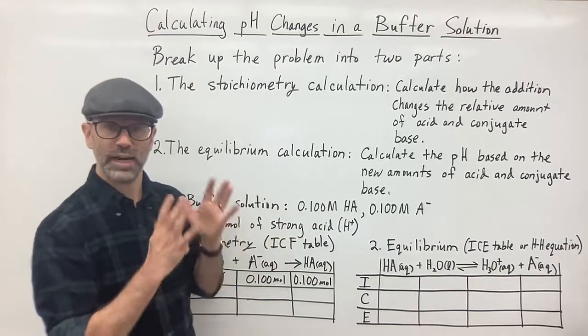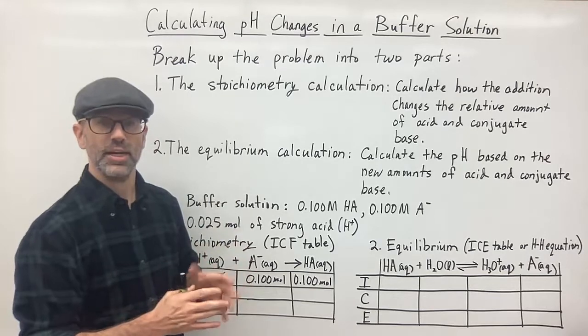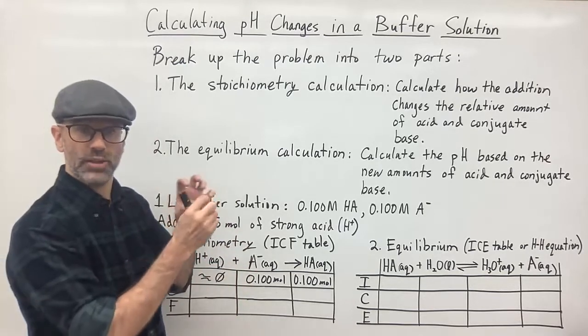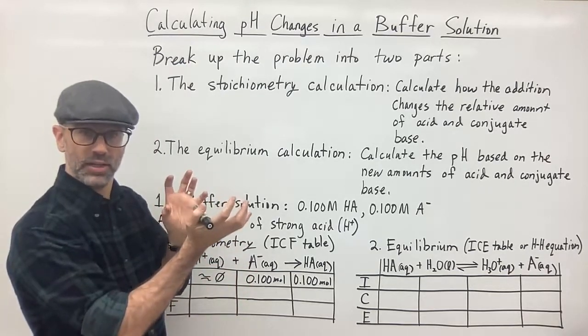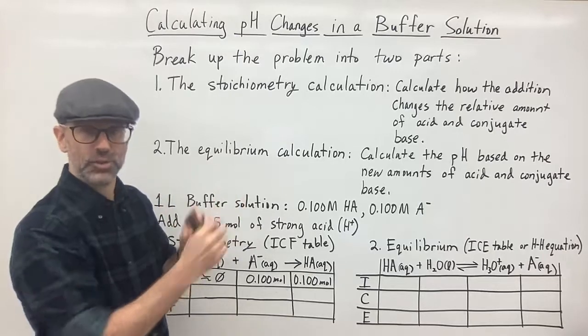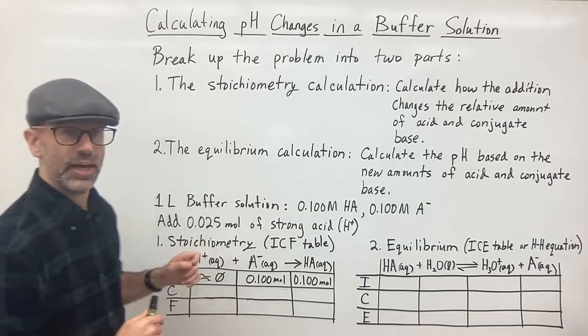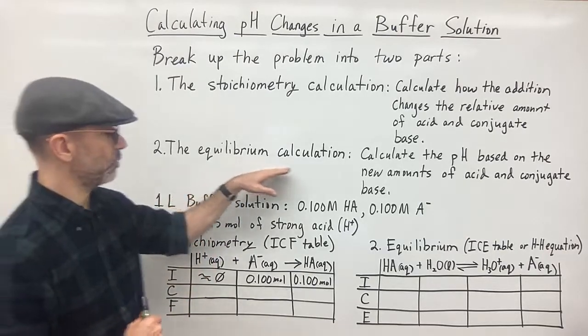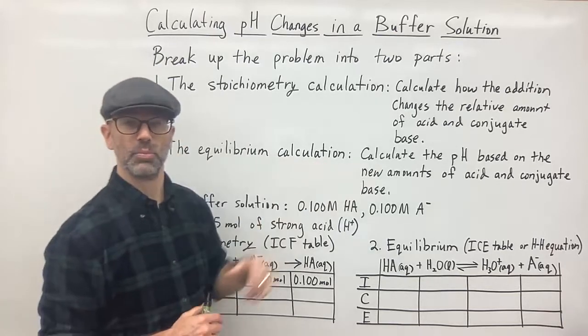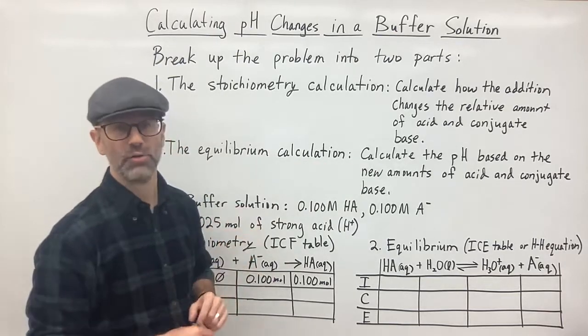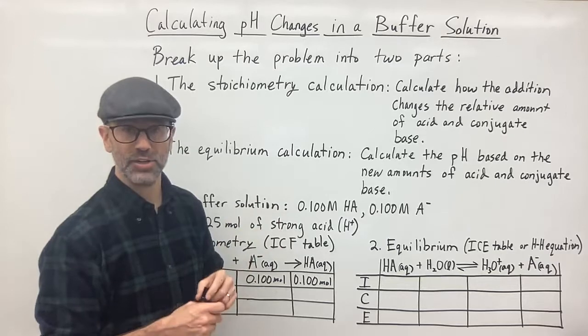And so you've got to do that calculation first, and then once you figure out what the remaining amounts are after that reaction occurs, then you are going to do the equilibrium calculation where you calculate the pH based on the new amounts of your acid and conjugate base.